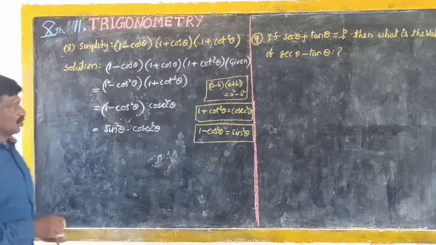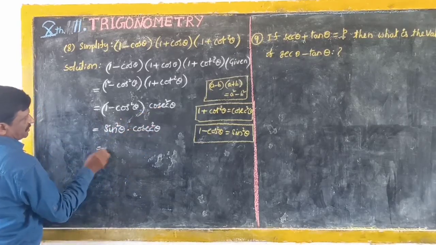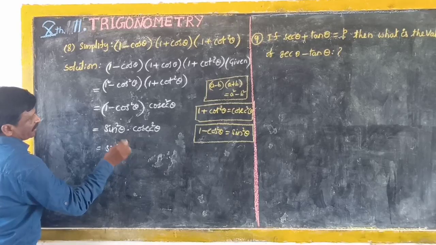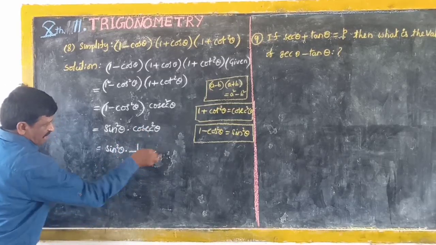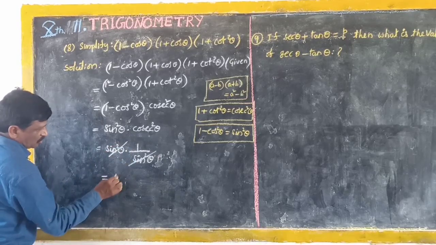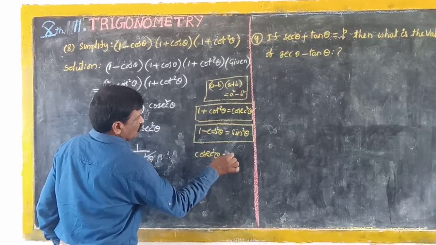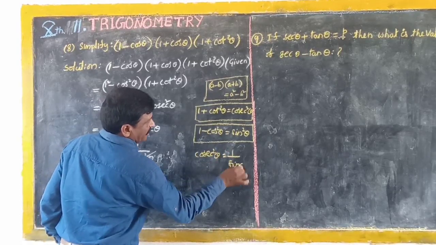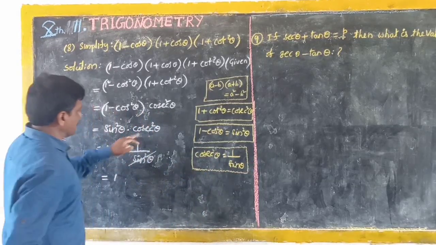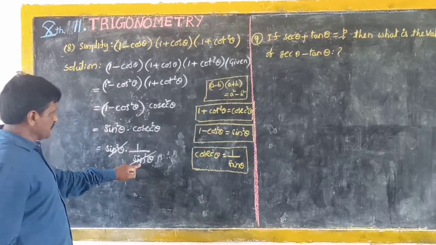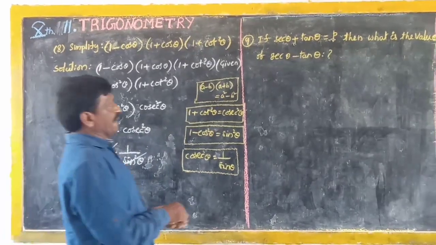We knew it: 1 minus cos²theta is equal to sin²theta. So sin²theta into cosec²theta, and cosec²theta means 1 by sin²theta. So sin²theta times 1 by sin²theta is 1. As well as the ninth sum.